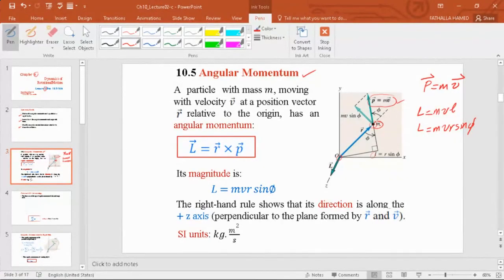Now, we can relate this to the position vector and the linear momentum, like what we did in the case of the force and the position vector for the torque. So we can rewrite this as r mv sine phi.